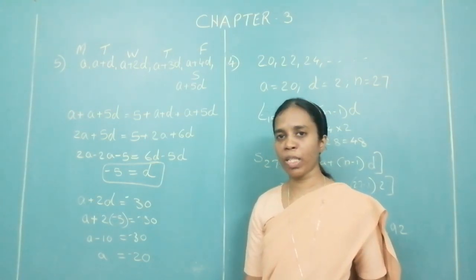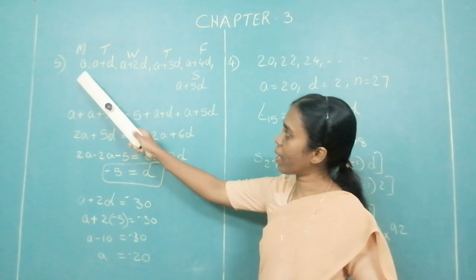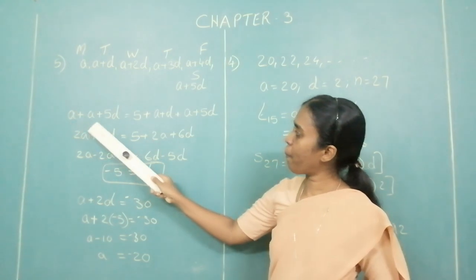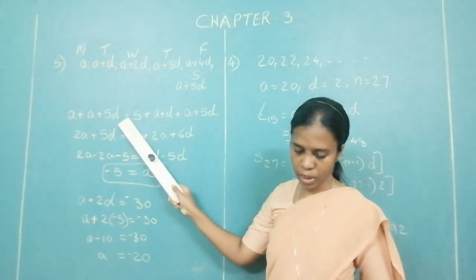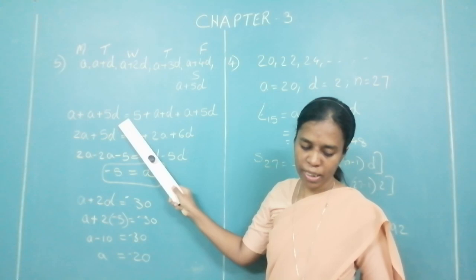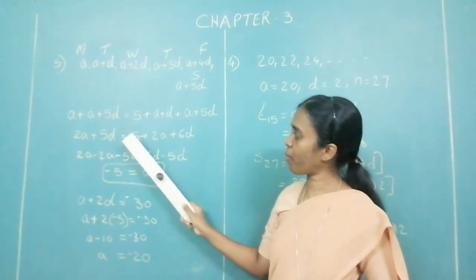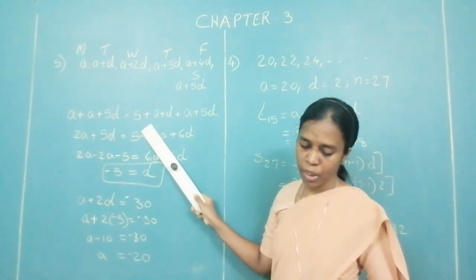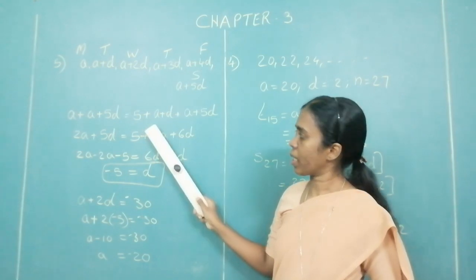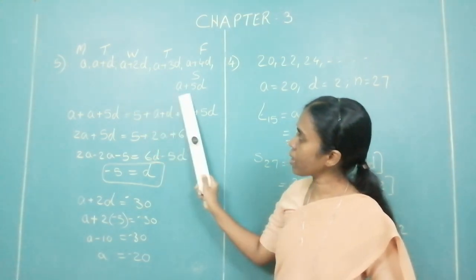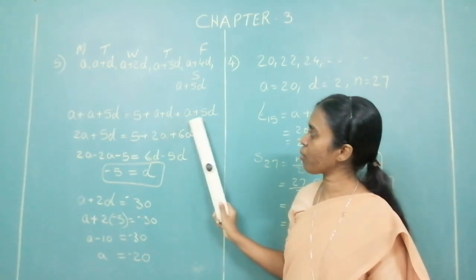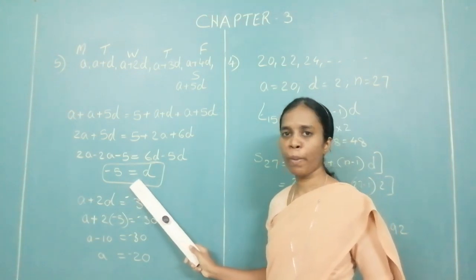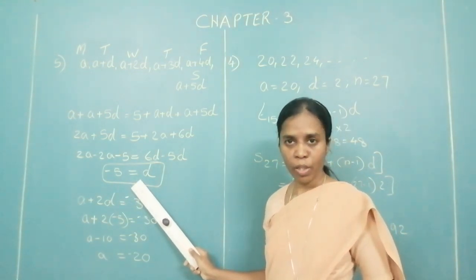So, according to the first condition, sum of Monday and Saturday, sum means plus, so A plus D is equal to 5 plus, 5 degrees more means 5 plus, the temperatures of Tuesday and Saturday, sum of Tuesday and Saturday, that is A plus D plus A plus 5D. Solve it, you will get the answer for D. So D is equal to minus 5. Okay, that is from the first condition.